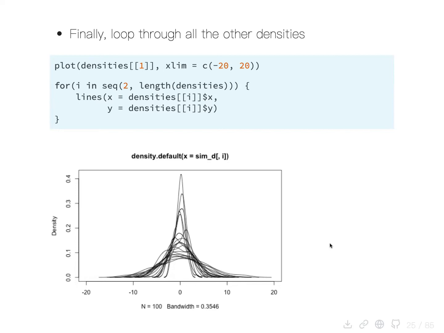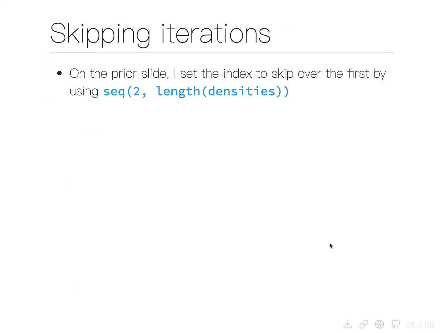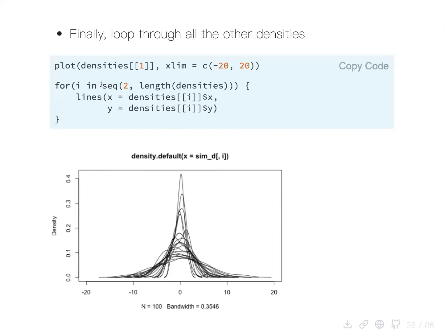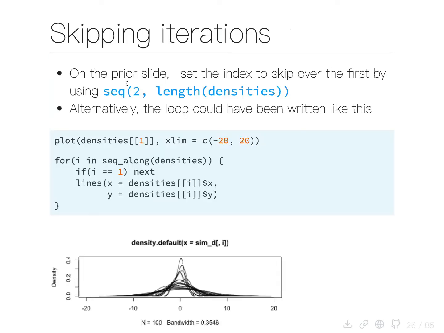Okay. All right. You can also skip iterations. So very regularly, you do things like this, where you say a sequence from the second one onwards, right? But you can also do something like this, where you say if i equals 1, next, okay? And so what that's going to do is it's just going to skip that iteration. So in this case, the if i equals 1 is kind of silly.